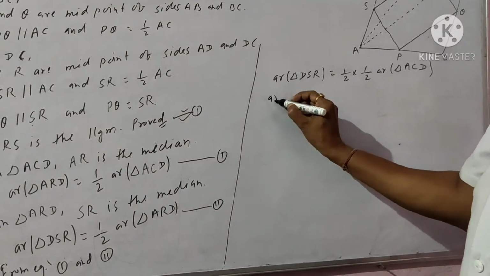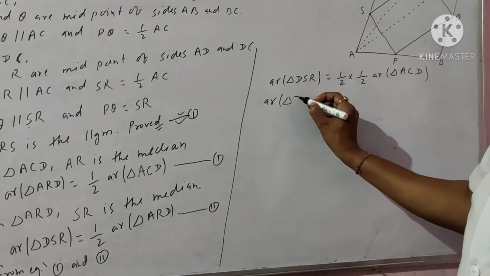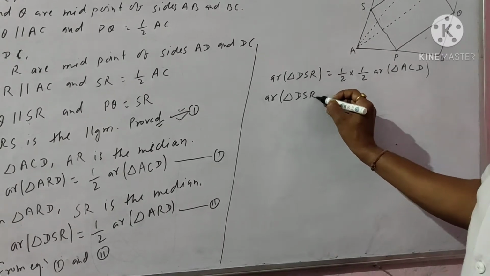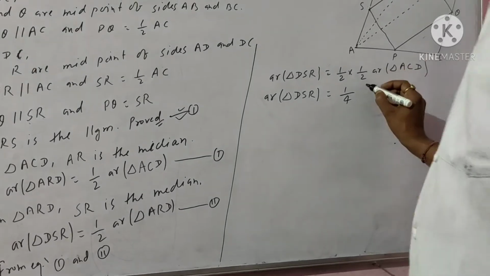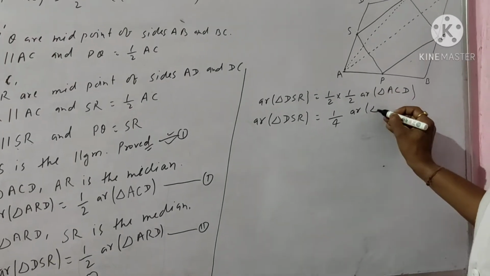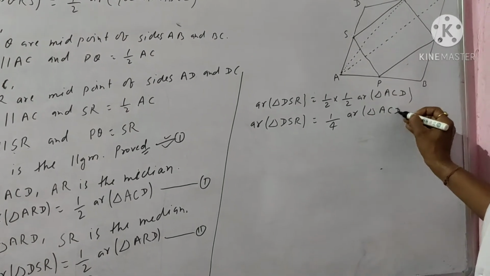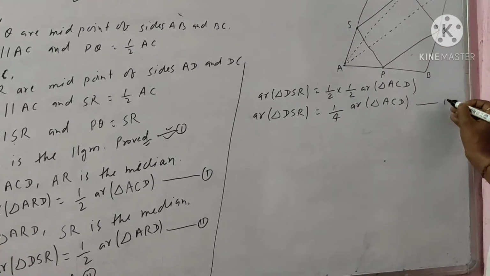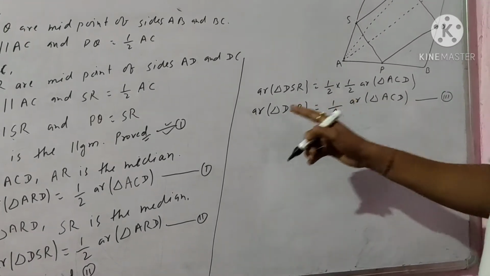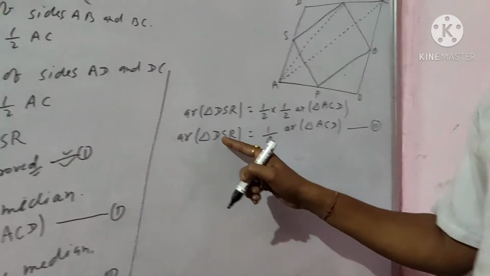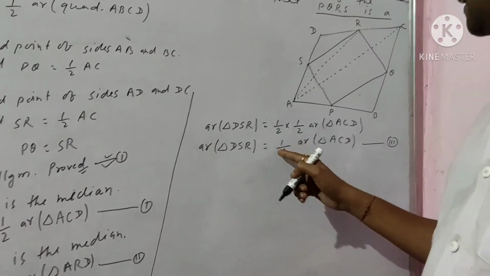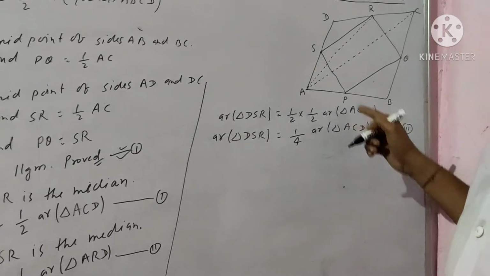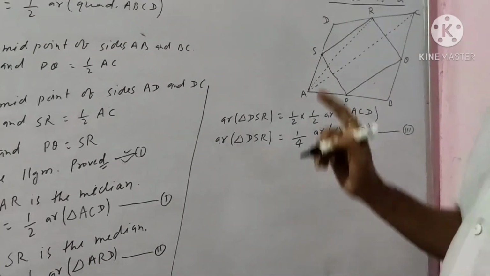So here, student, area of triangle DSR is equal to 1 by 4 area of triangle ACD. This is equation 3. Okay student, so here area of triangle DSR is equal to 1 by 4 area of triangle ACD.